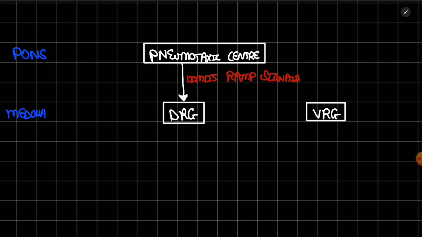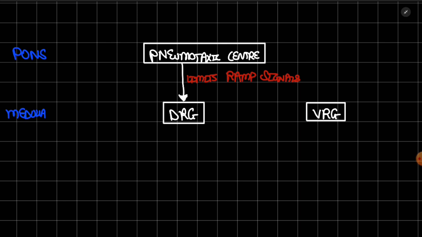The signal for inspiration from the dorsal respiratory group of neurons is not given directly. It is not a sudden signal. The signal keeps on increasing and reaches a peak, so it is an increasing signal to the diaphragm, and thus inspiration occurs.